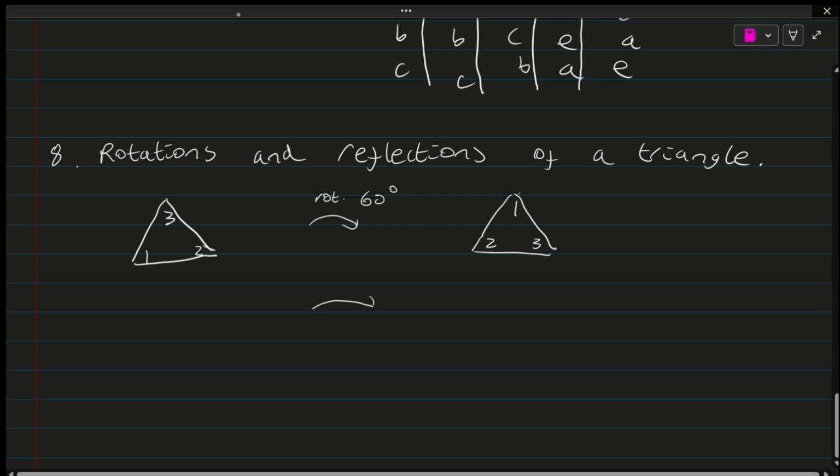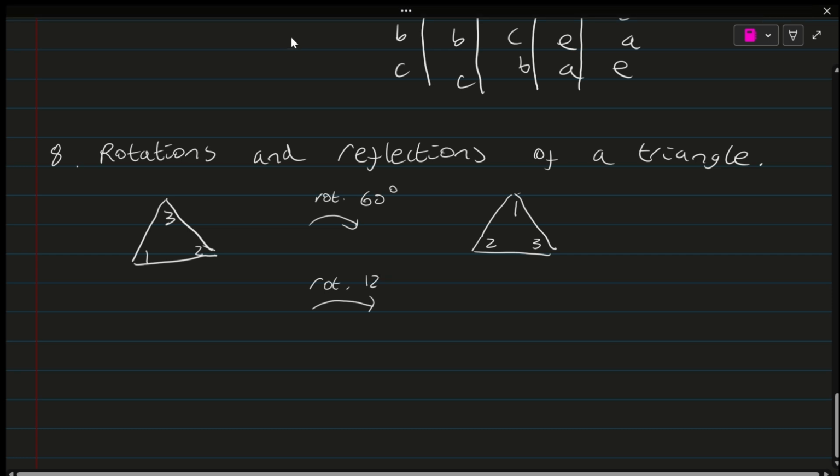We can make a rotation by 120. Oh, excuse me, that's not quite right. This would be a rotation by 120 degrees. This would be a rotation by 240 degrees. And we would get 1, 3, and 2 like this. And then we've also got each one of the reflections through each of the reflective lines of symmetry, like this.